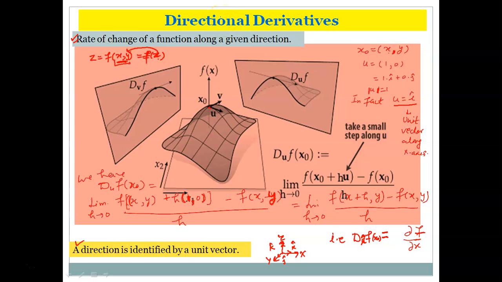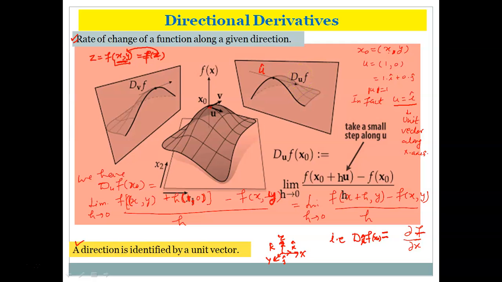But in general, you will not be seeing the change only along the x-axis and the y-axis. In general you can have any direction, and that direction can be anywhere, and that will be represented by a unit vector. That is why a general unit vector u is considered.